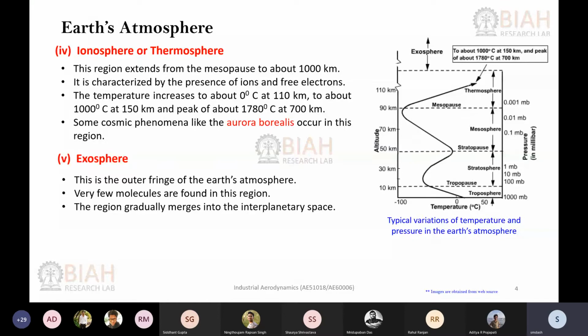But if you talk about plasma in general, we may have other constituents. So that is one thing. Otherwise, I need to look into the details. At this point, I may not be able to give you the clear distinction between the ionic particles in the ionosphere and what you observe in plasma.